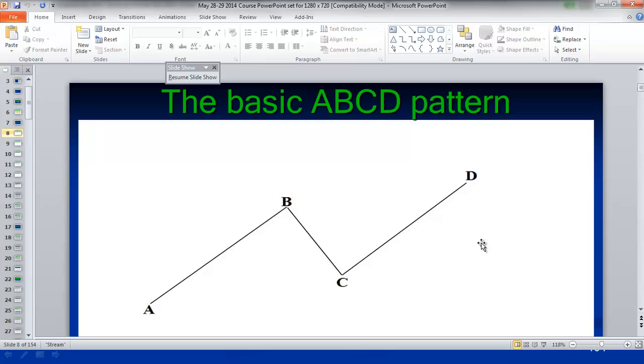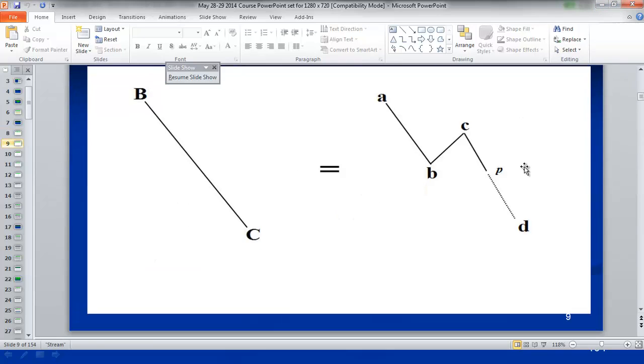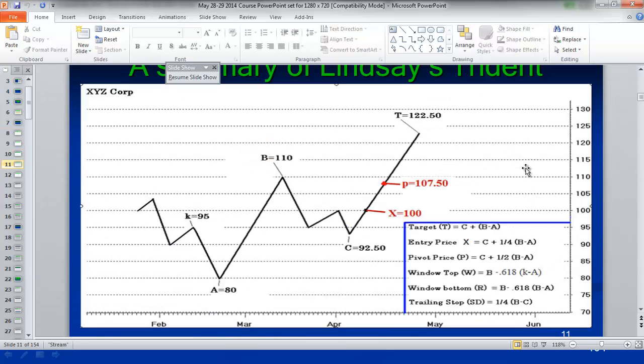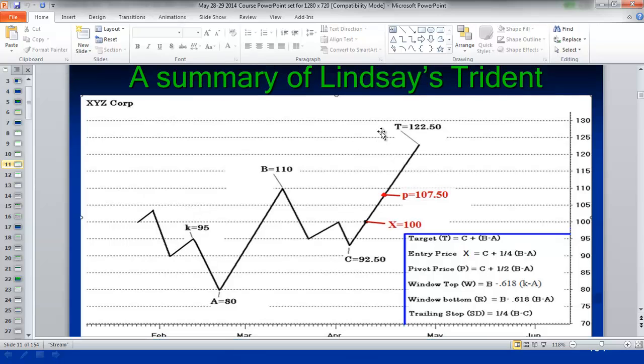David asks, Rick, on your charts, do you have an indicator or utility with which you plot the ABCD midpoints? Well, I use something. Let me mention before we leave this that the jumping-off point for my system is something called Lindsay's Trident. If you want to get a remainder basket version of Lindsay's book, it's called Trident, a Trading Strategy by Charles Lindsay, and it will give you at least a preliminary knowledge of some of the things that I teach.